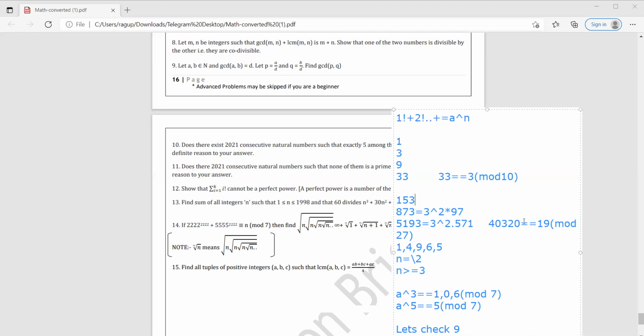So it is 9. 40320, 13320, and we'll get minus 180. So this is minus 180 mod 27, and if we check it, then this would be 9 mod 27.